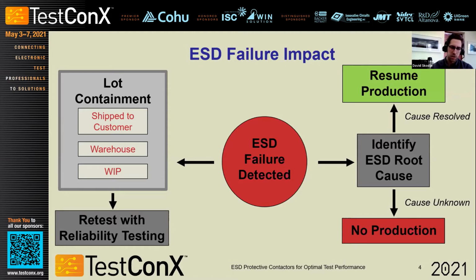Another action that's triggered is the process to identify the root cause. And this is not a trivial task because there could be many potential sources that need to be evaluated. And that's why control methods are designed to minimize those potential sources. And production cannot resume until the cause is resolved.